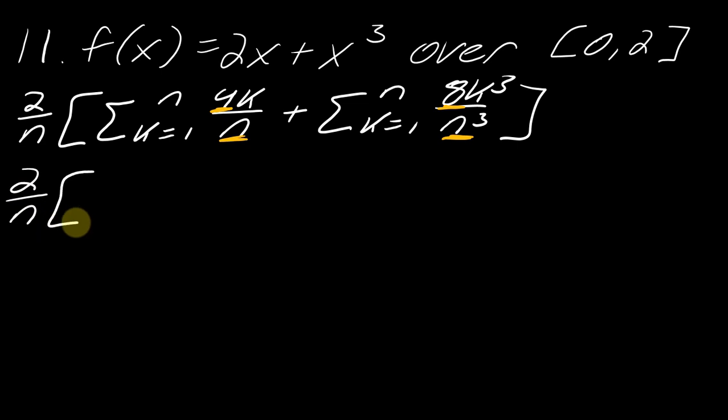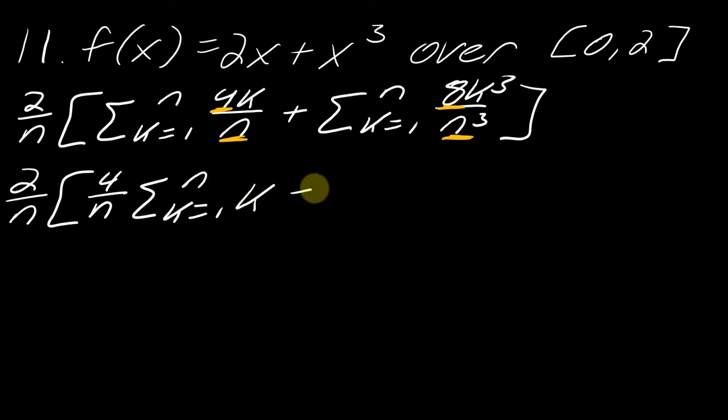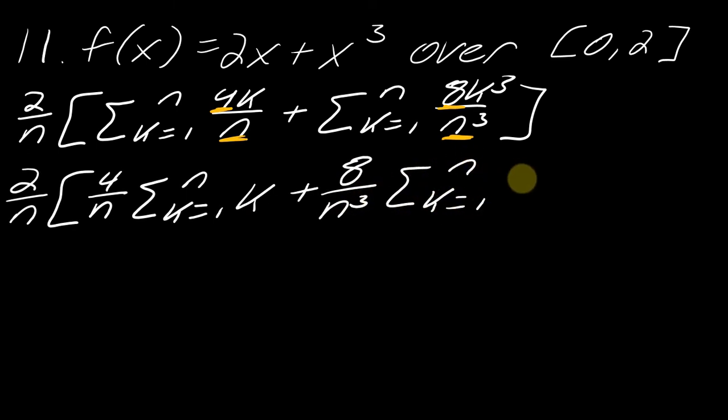And this 2 over n in the front is kind of making me nervous, so we're going to deal with that next, because as I've mentioned in the other problem, I have made recording errors before because of those darn constants at the front. So I'm very nervous about that.